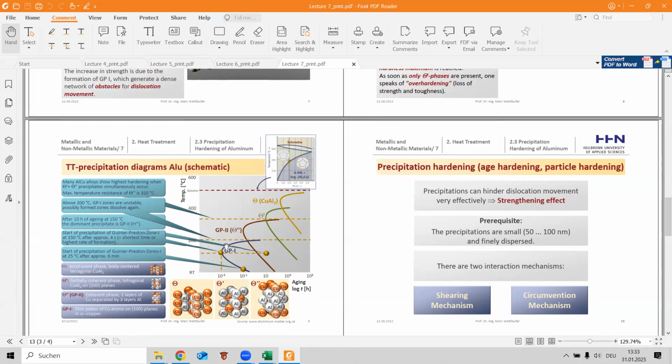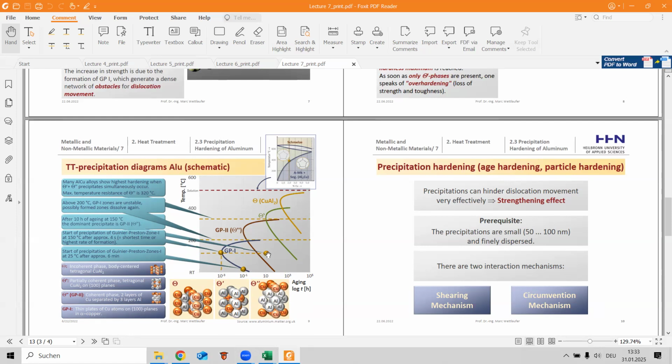Above 200 degrees, GP1 zones are unstable, possibly formed zones dissolve again.